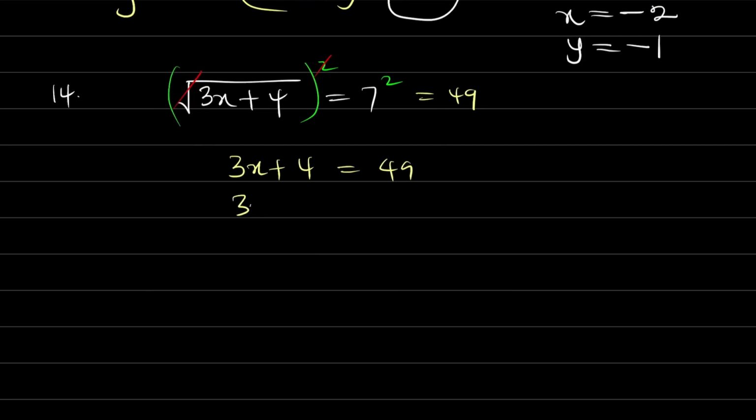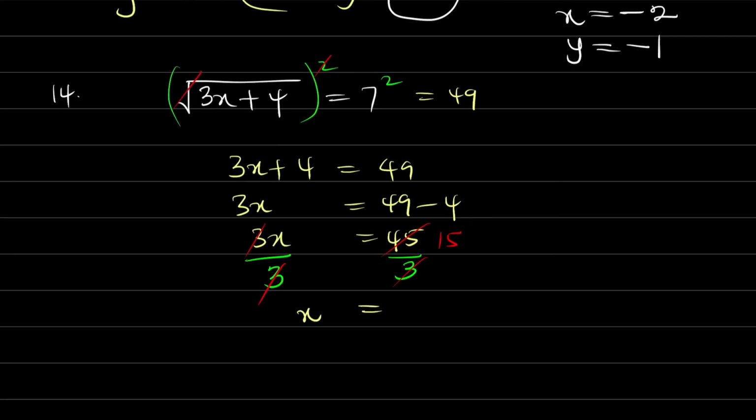Which means that 3x is equal to 49 minus 4. That means 3x is 45. And if you go ahead and divide through by 3, you notice that this 3 takes care of this, and here you are left with 15, which means that our final answer is x equals to 15.